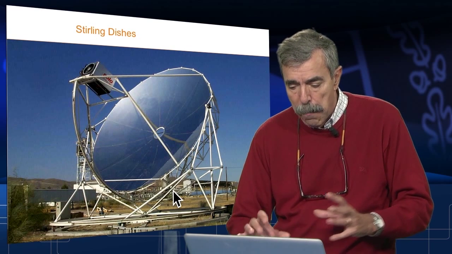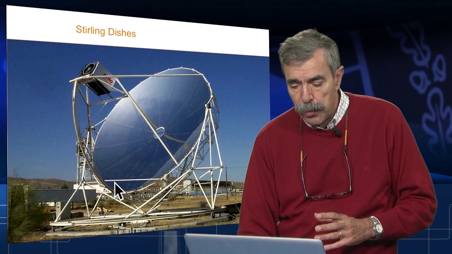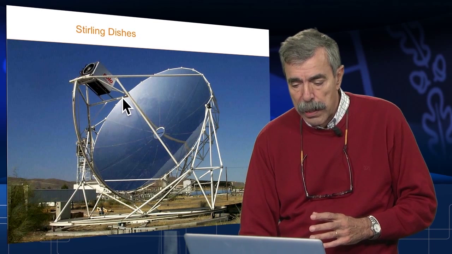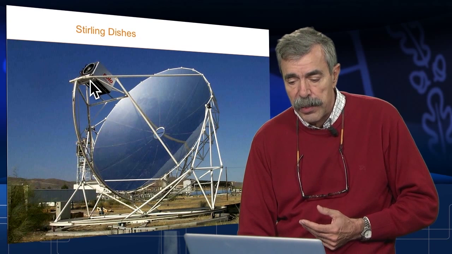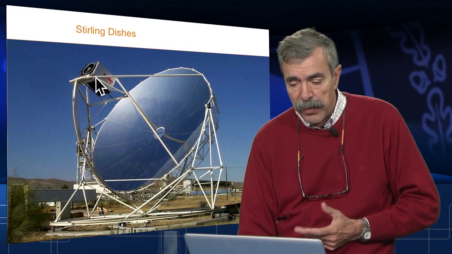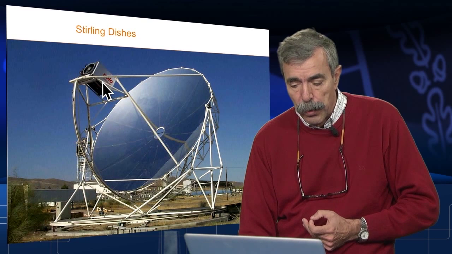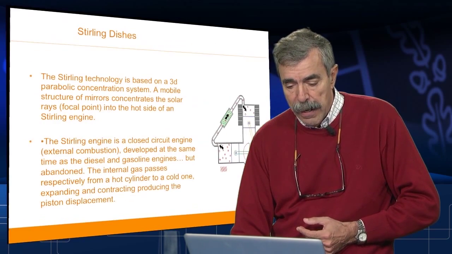I mean, you need to approach that surface to clean it without the danger of interfering with and damaging the Stirling motor or something like that. Cleaning, I think, is a big issue for those devices.